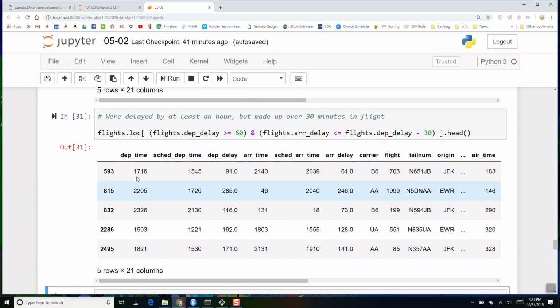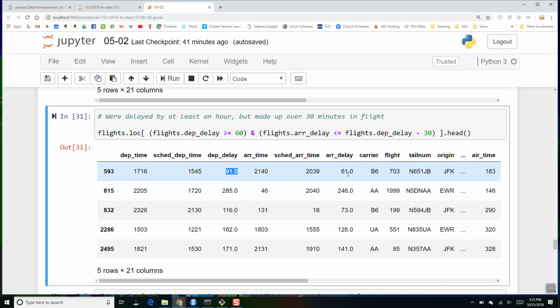And so these are other things, right? This one's delayed by at least an hour, but made up over 30 minutes in the flight. So this is the departure delay is greater than 60. And then we're going to say that the arrival delay was less than the departure delay minus 30, right? So here the departure delay was 91 minutes, but the arrival delay is only 61.